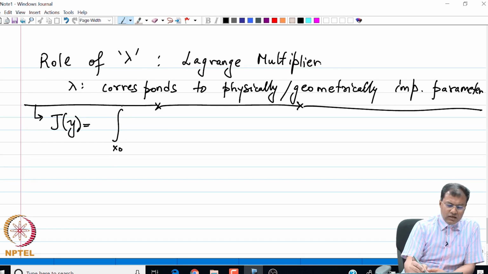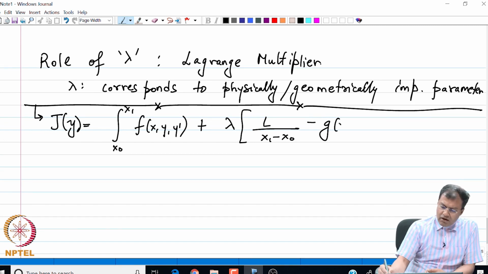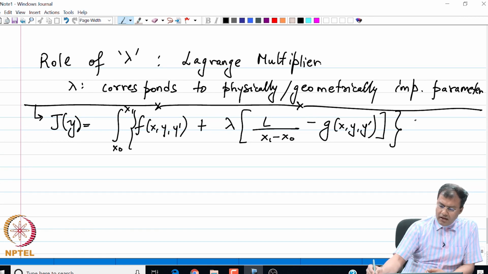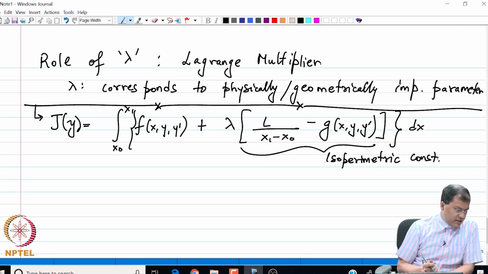We consider this functional J of y, the integral from x0 to x1 of f of x, y, y prime, plus lambda times (L over x1 minus x naught minus g of x, y, y prime) dx. So this isoperimetric constraint is now included in my functional.